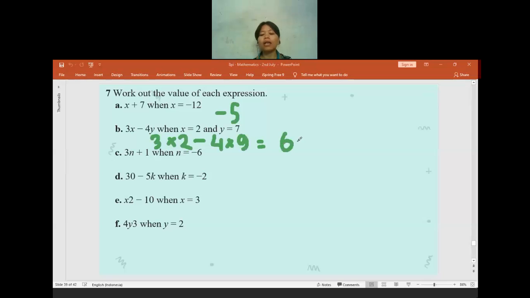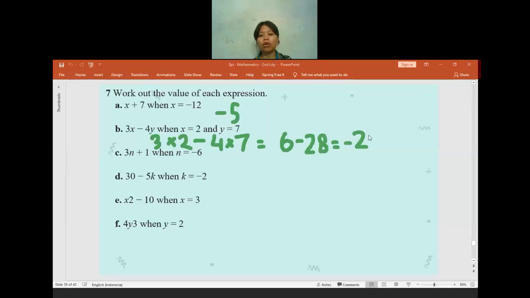And then 4 times 9 is 30. Oh, sorry. The y is 7. So 4 times 7, and then it will be 6 minus 28. What will 6 minus 28 be? Yes, it equals negative 22.